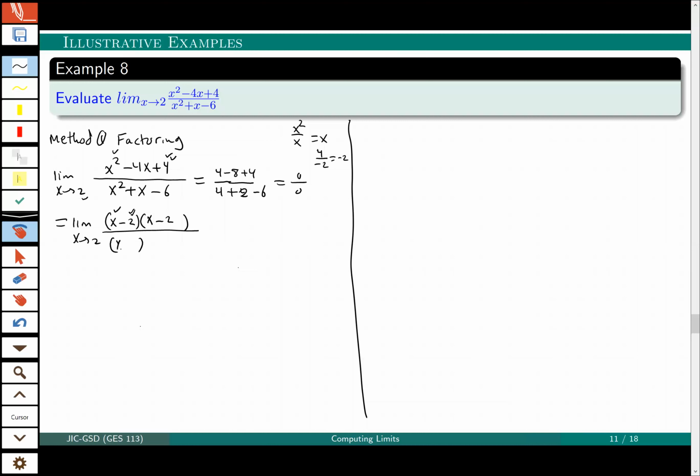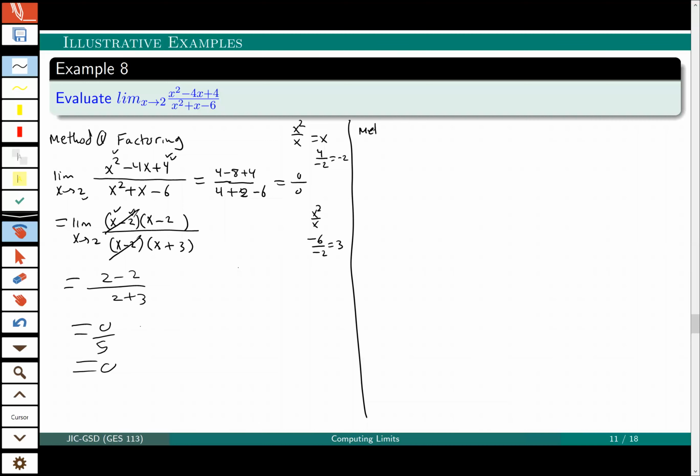Same thing here, x minus 2 is a factor, and x squared by x is x, and minus 6 by minus 2 is plus 3. So x minus 2 will cancel with x minus 2, and you will get 2 minus 2 over 2 plus 3. That is 0 over 5, which is 0.